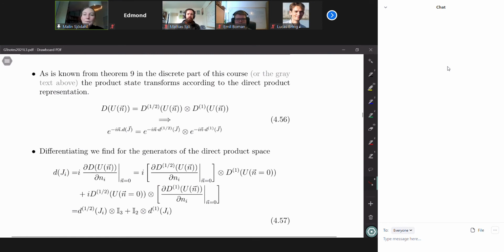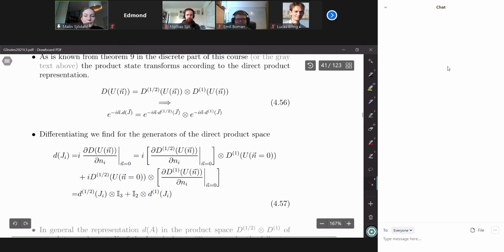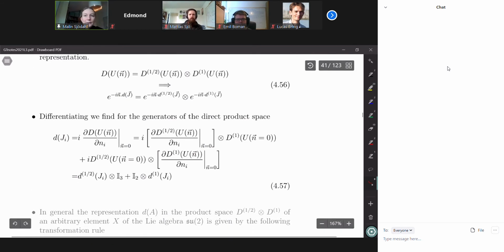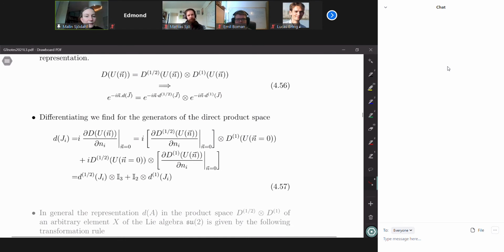But now we want to study the algebra. So what happens to the algebra? Well, the algebra is obtained by differentiating the group. So we want d of Ji for some element Ji in the algebra. And it should then be this big 6 times 6 matrix.